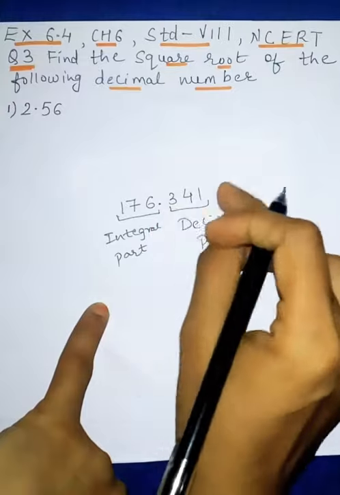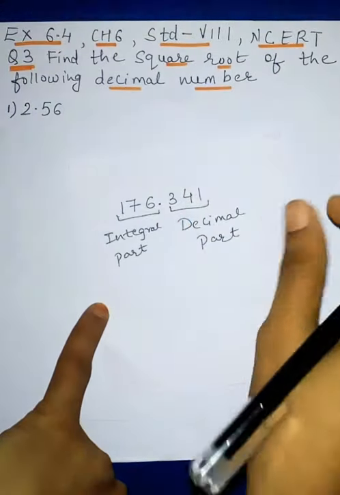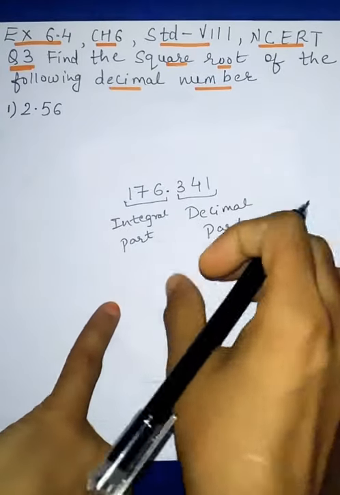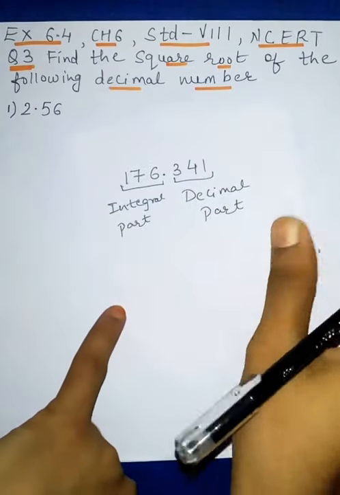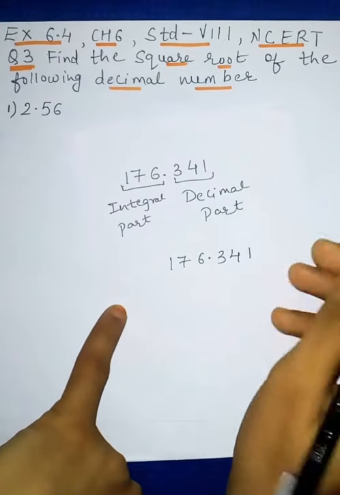For finding the square root of 176.341, we will divide it by the long division method. But how to put the bar?